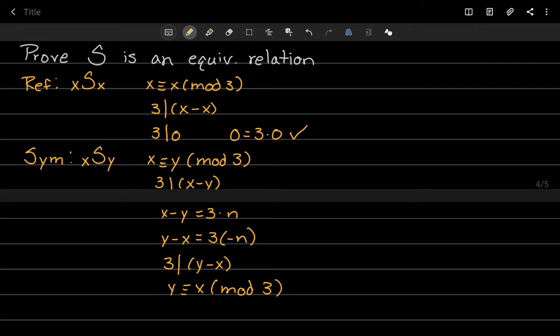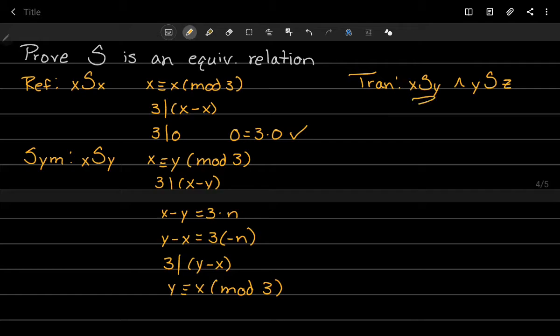All right, now let me do transitive over here, and then we'll write up our proof. So transitive, we are going to assume x is related to y, and y is related to z. Now intuitively, using that very first green definition, this makes sense.